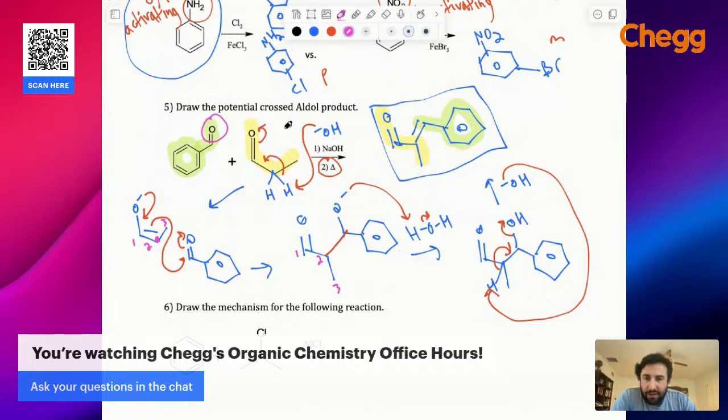If you mean the propanol, the propanol enolizes and attacks because benzaldehyde is incapable of enolization. There is no alpha proton on benzaldehyde, so it can't enolize. It's impossible. So propanol will enolize and it will attack. It can attack itself. It can attack another equivalent of propanol, but it can attack benzaldehyde as well. Hopefully that is what you meant.